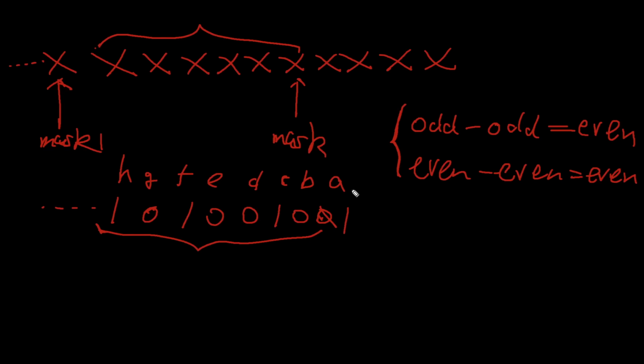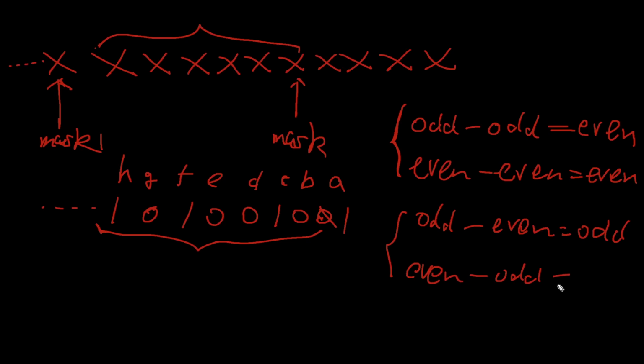Only A is different. So in this case, odd subtract even equals odd, right? And even subtract odd also equals odd, right? That's how we use this.